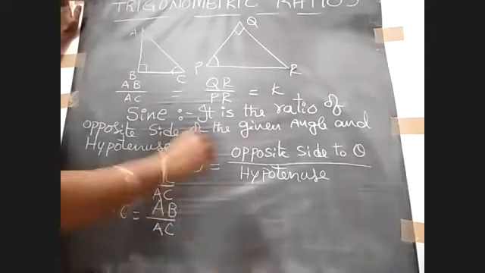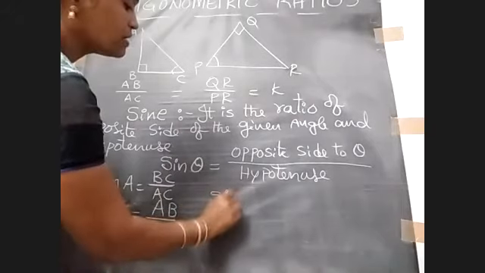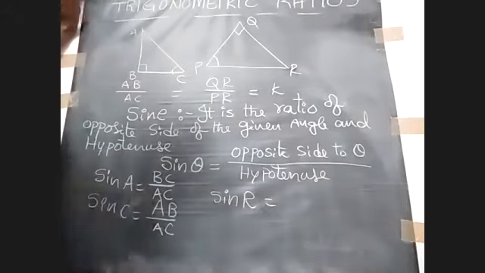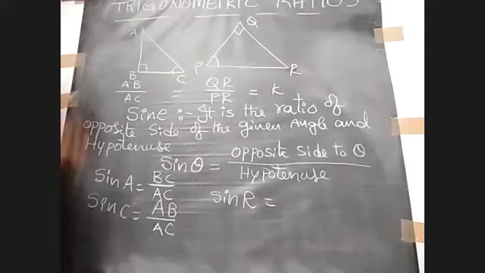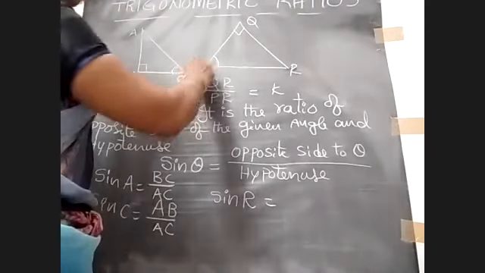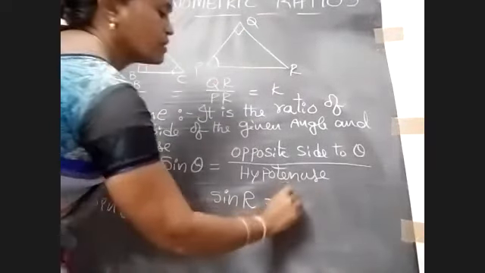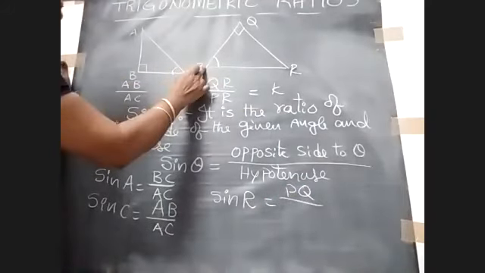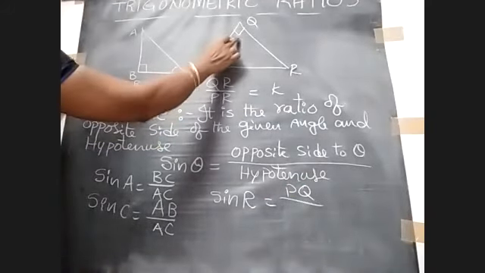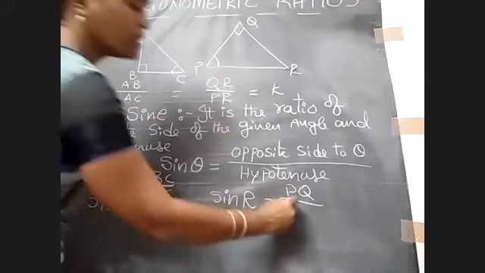And the next, any one of you, sine R. Ma'am, sin R is equal to PQ by PR. Yeah, very good. So the opposite side to R is PQ and the hypotenuse is opposite to the right angle, that is PR.